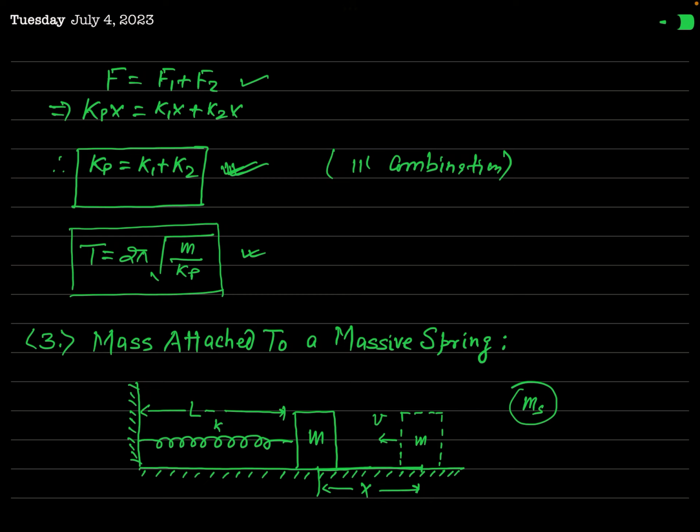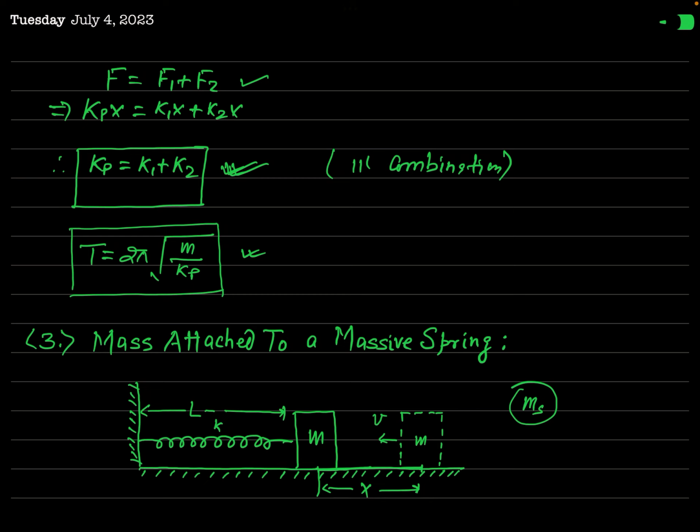As the spring is not at its natural length now, a spring force is developed, and so the spring will have elastic potential energy. But apart from that, since the spring is massive, the spring will also have kinetic energy.